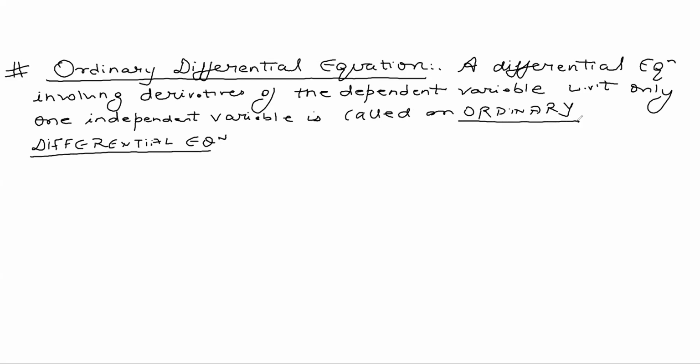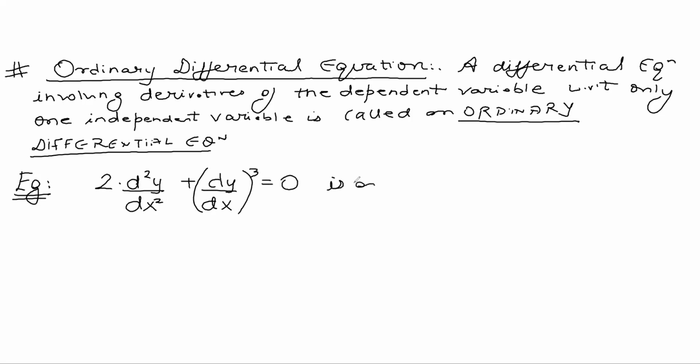If we consider a differential equation which consists of derivatives of the dependent variable with respect to only one independent variable, that means you are differentiating the dependent variable with respect to only one independent variable, not many independent variables, such an equation is called an ordinary differential equation. Example, guys: the equation which I just wrote a few minutes back, 2 times d square y by dx square plus (dy by dx) whole cube equal to 0, is an ordinary differential equation.